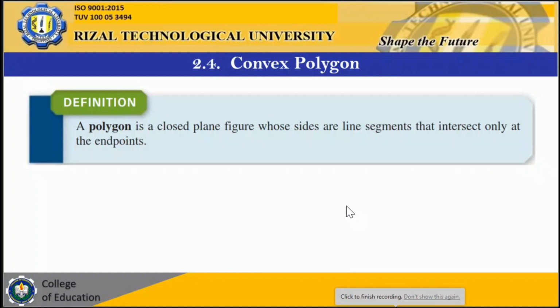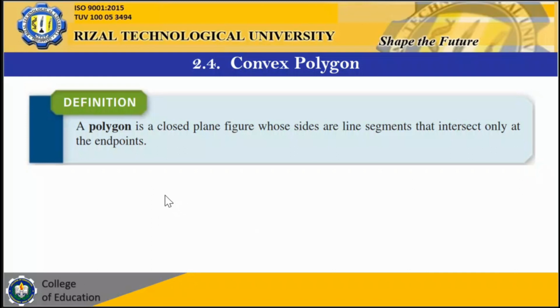Hello, and in the continuation of our discussion on parallel lines, let's also talk about convex polygons. We define a polygon as a closed plane figure whose sides are line segments that intersect only at the endpoints.